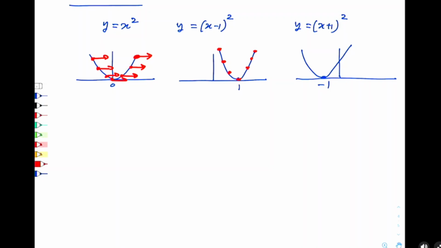So you know from grade 8-9 knowledge that if you have this kind of a system, this is x translation in the positive x direction. So this is translated by 1 in the positive x direction. That's how you write.